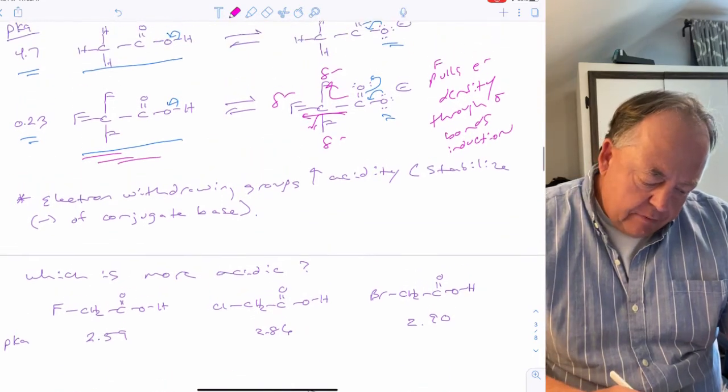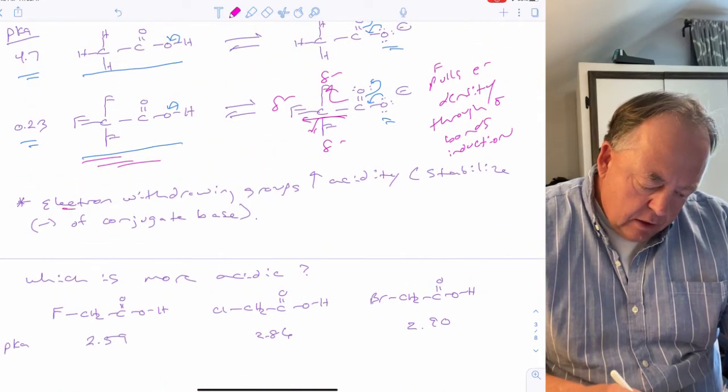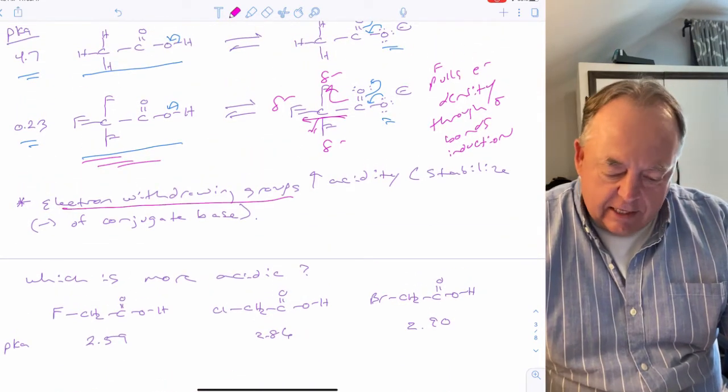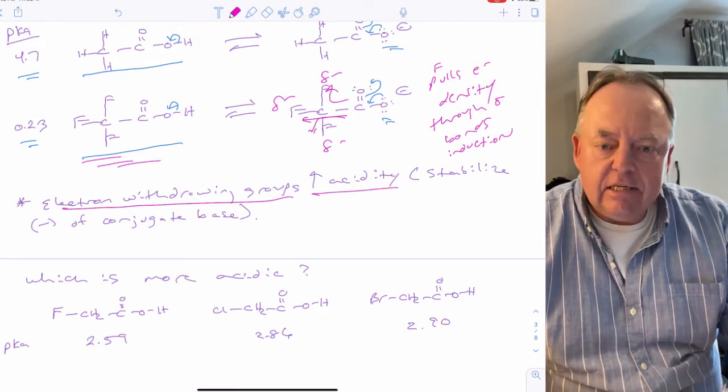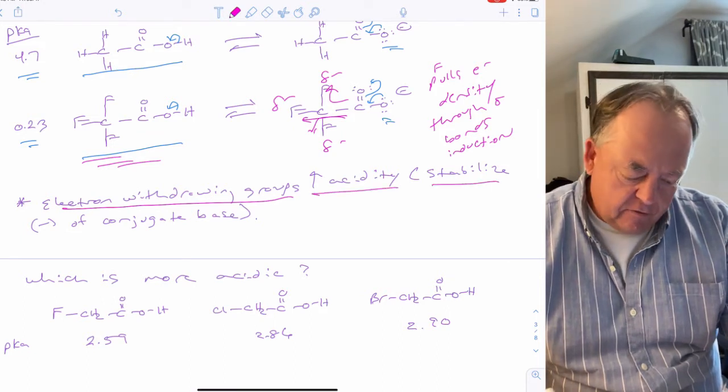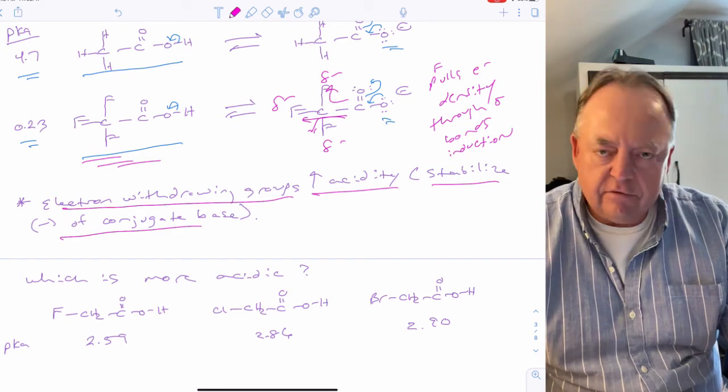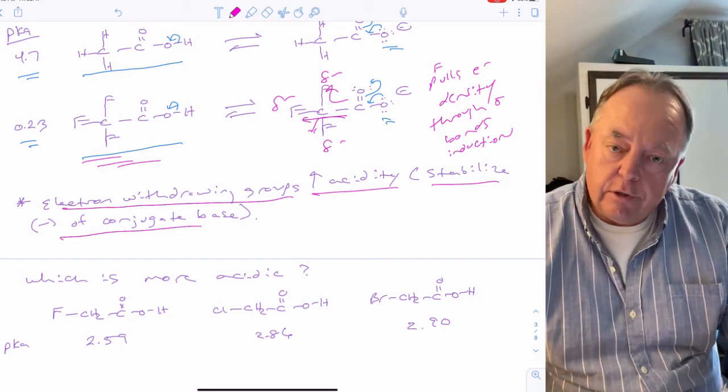So in general, anytime you have electron withdrawing groups near the carboxylic acid, that's going to increase the acidity of the carboxylic acid because it's going to provide stabilization of the negative charge on the conjugate base through induction.